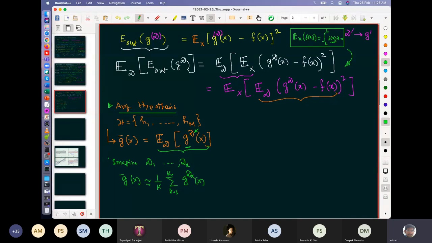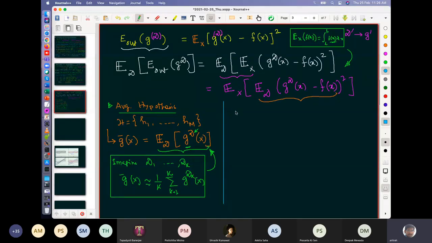This is what we mean by the average hypothesis. In statistical parlance, because this distribution is drawn from a sample, we need to make expectations. This average doesn't work out in a generic way. Agreed? Yes, sir. This is how we define it.